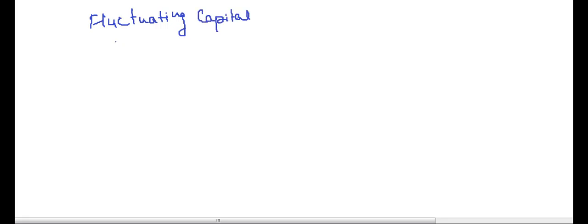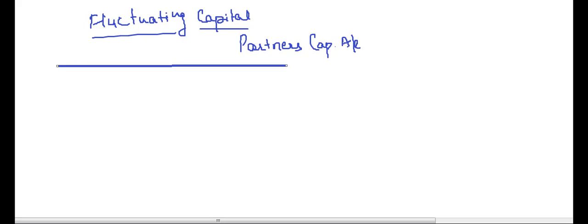Under the fluctuating capital, we will prepare only one account, that is the partner's capital account, and all the transactions will be done through the partner's capital account. Clear? So let's prepare the partner's capital account.